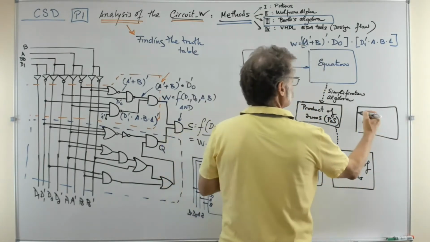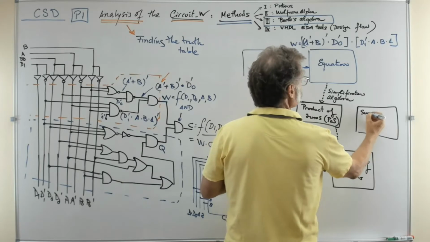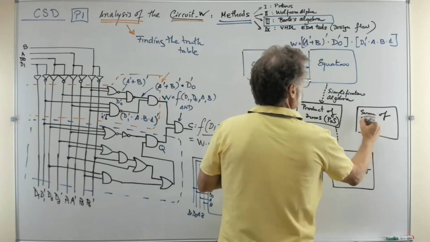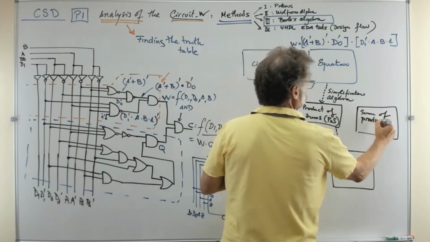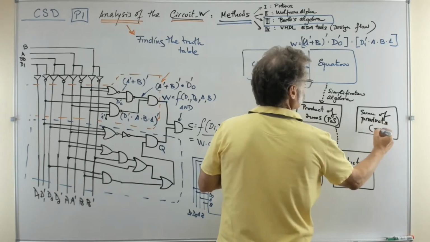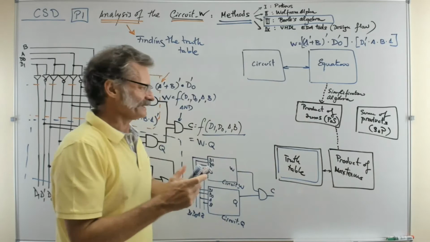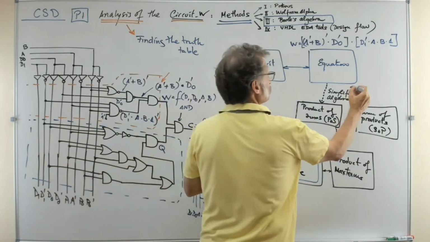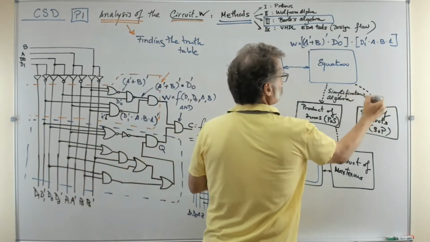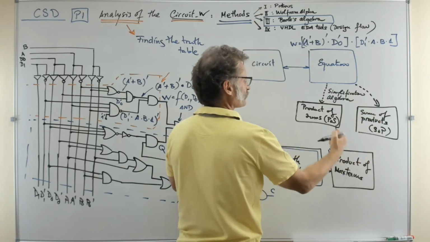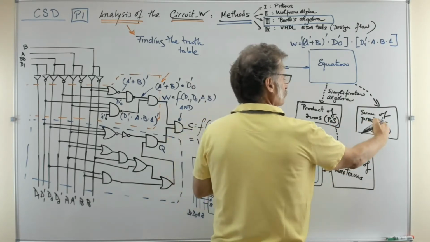You have something like a sum of products, right? And the sum of products, SOP, can be obtained in the same way, by means of another simplification. Whatever way you go, you can get product of sums or sum of products.